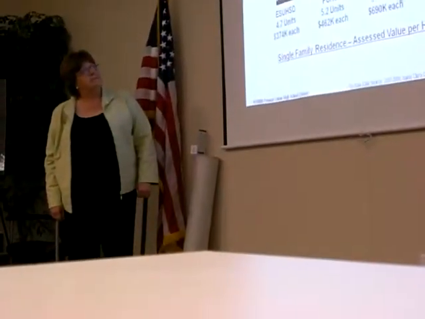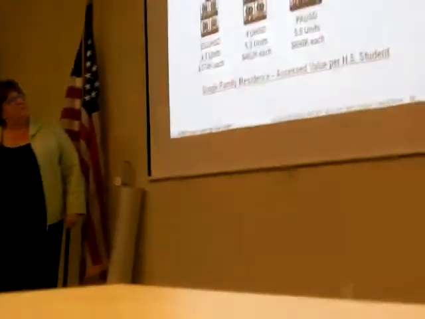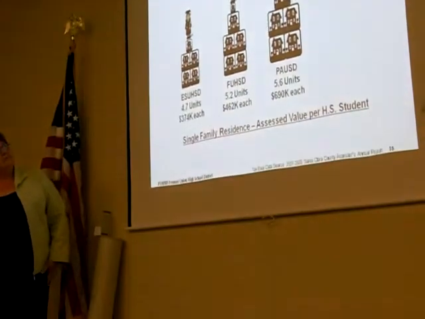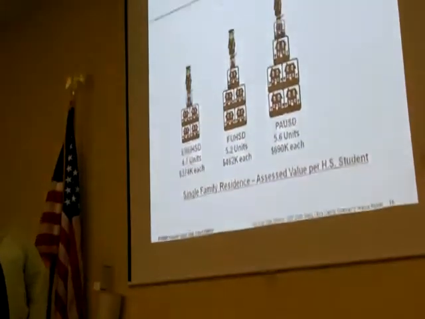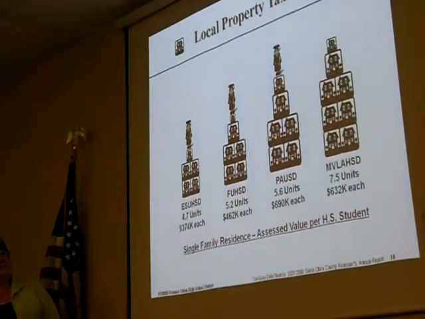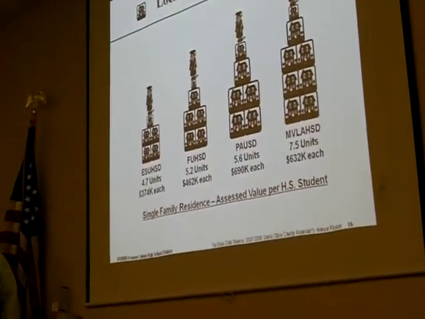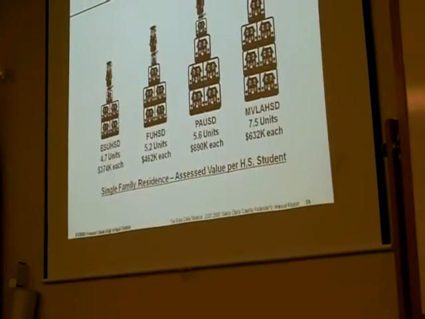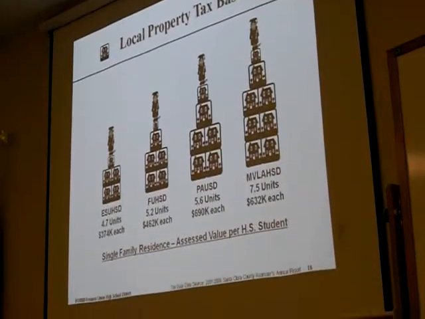Move to Fremont Union High School, an extra half a house and slightly more highly valued houses. Palo Alto, almost another half a house supporting each high school student and a significantly higher assessed value. And finally, Mountain View, Los Altos, 7.5 single-family residences supporting each high school student.